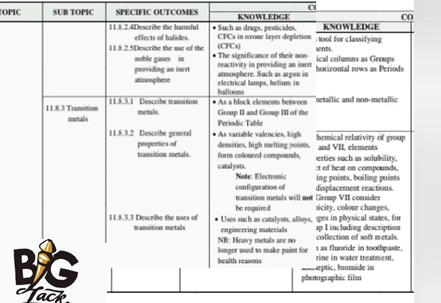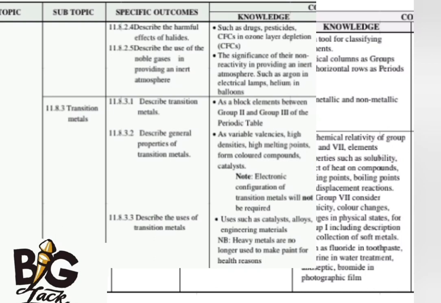And most of the transition metals are used as a catalyst. For example, nickel is used as a catalyst. Apart from that, iron is also used as a catalyst.